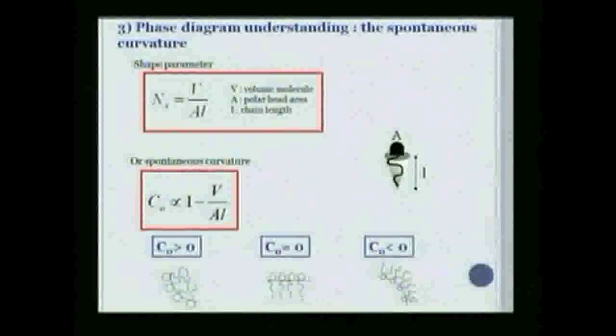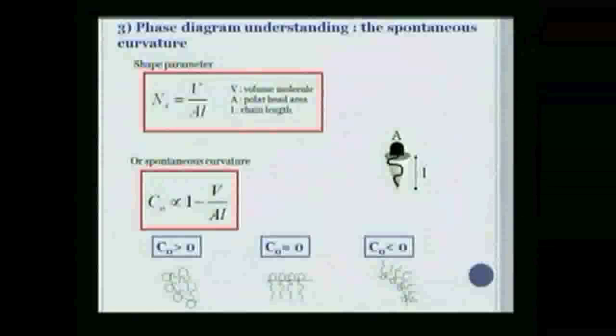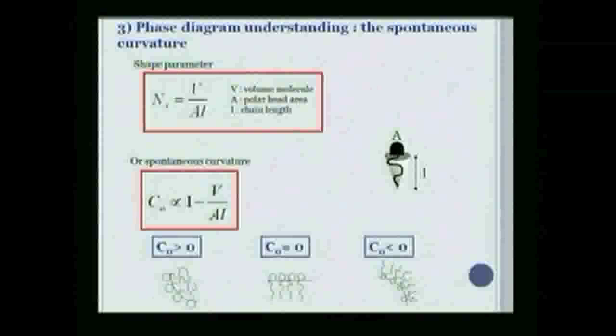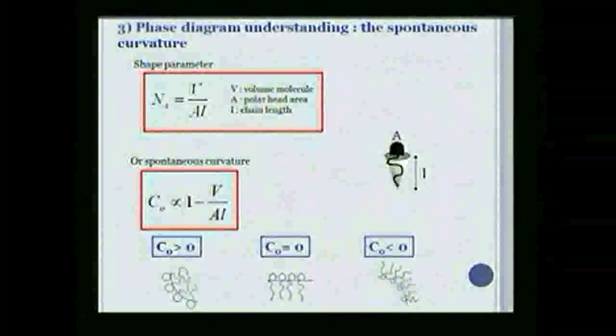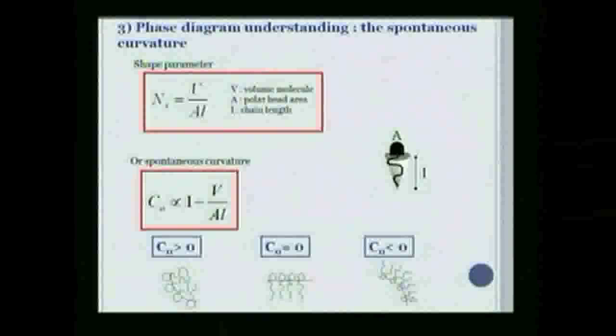So, when you have a small shape parameter, that means that you have a small volume of the hydrophobic part and a high area of the polar head. So a big polar head and a small hydrophobic tail. Okay? Just to give you a schematic.